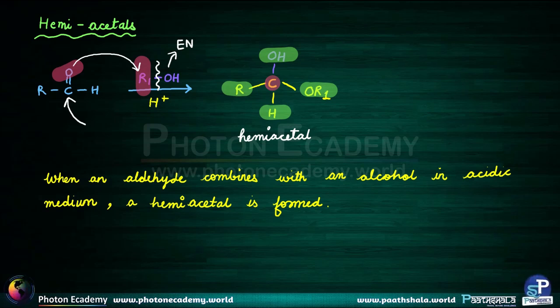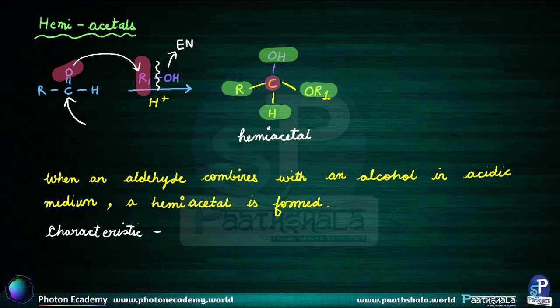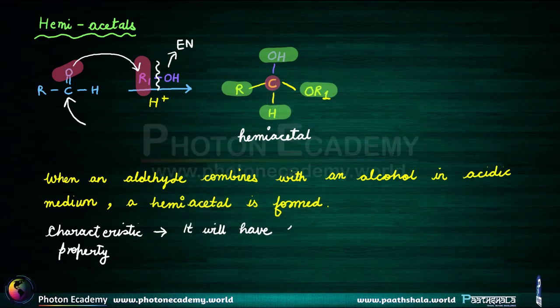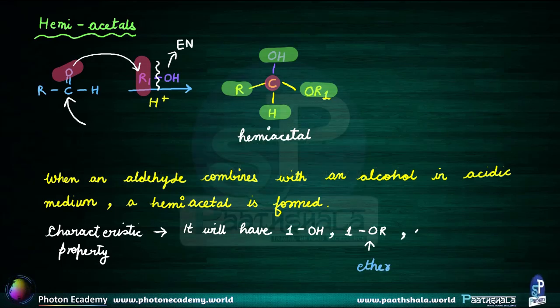Therefore I can write the characteristic property of hemiacetals. I deduce the characteristic property from all this, and what do I get? If I tell you to find me a hemiacetal, you have to see that it will have one OH group, one OR group, which is nothing but an ether group, then one R group, and the rest is hydrogen.